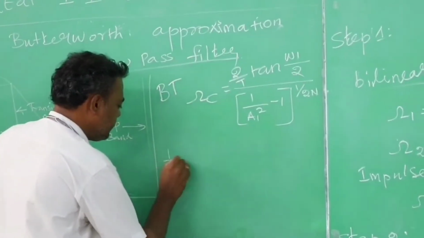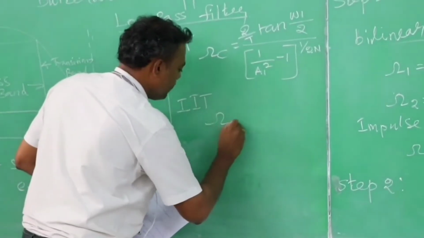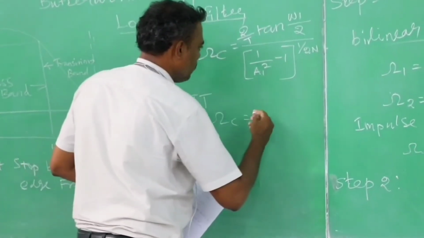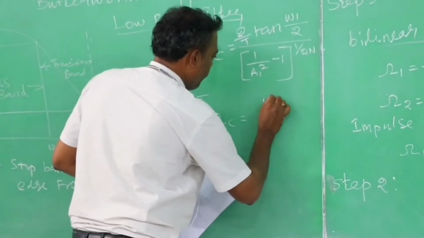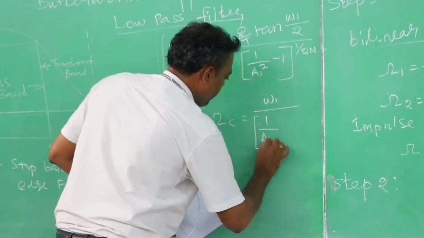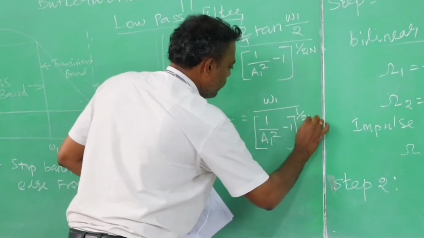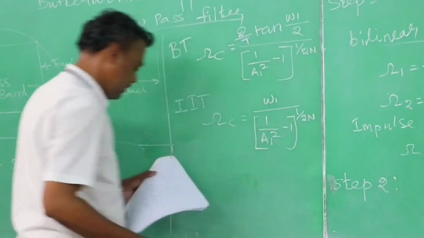For the impulse invariant transform technique, ohm C is equal to omega 1 divided by (1 by A1 square minus 1) power 1 by 2n.